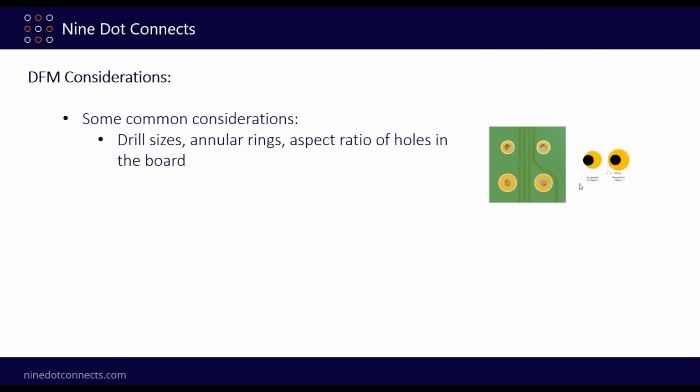Drill sizes and annular rings. You have to make these decisions when you go into the layout. How big do I want this annular ring? I can make it real big, and any kind of drill wander is going to be fine, but I'm not going to get as many routing lanes through here. Or I can make it very small, and I'm going to get some of this. If I'm in a Class 2 device, that's okay.